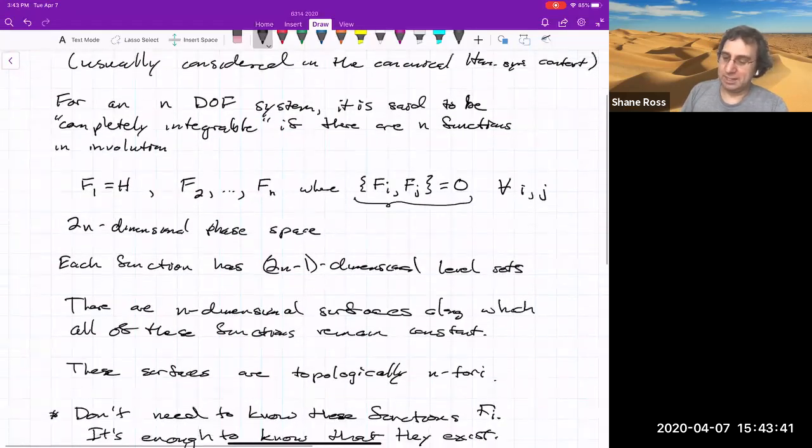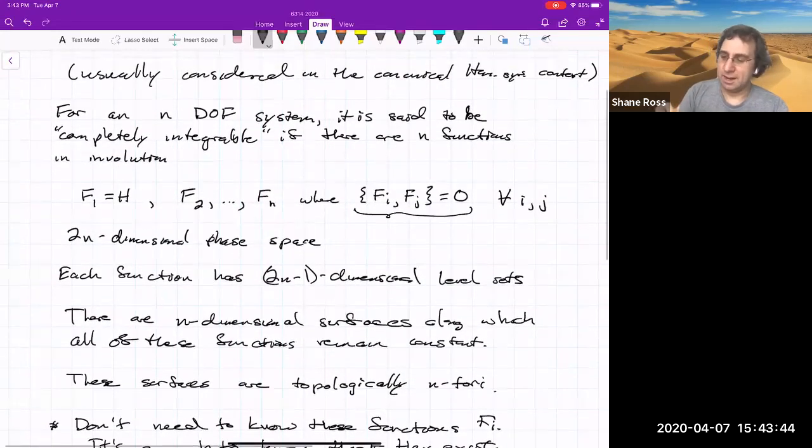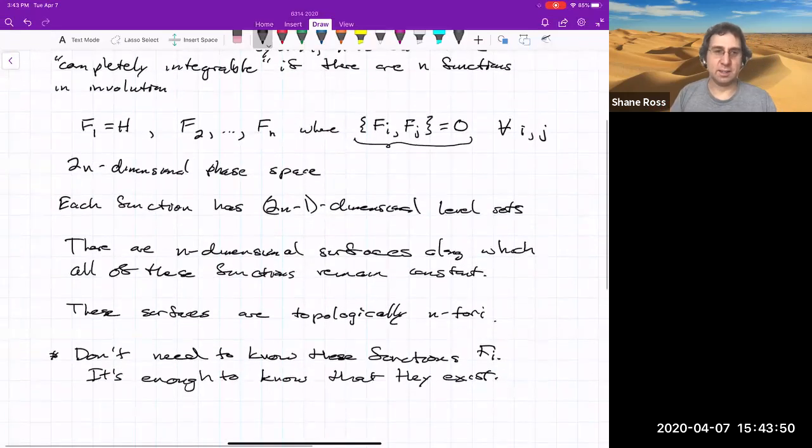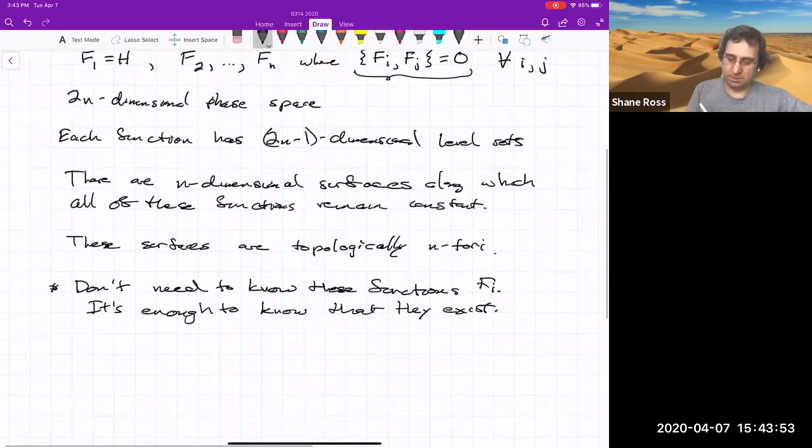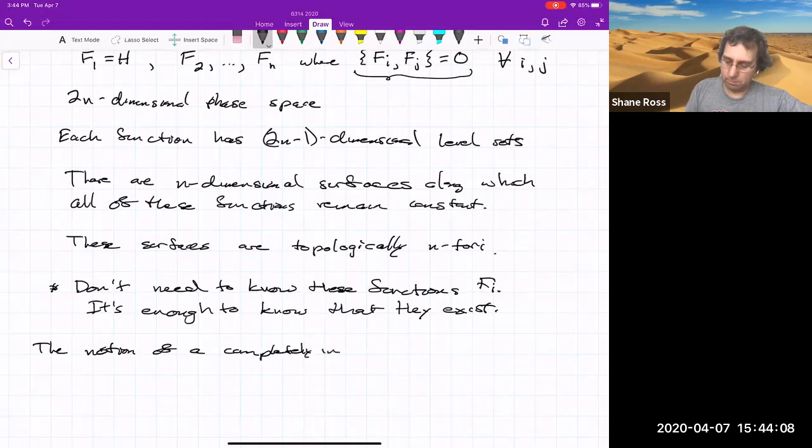You can also have completely integrable systems defined for non-canonical Hamiltonian systems. So here I said this is considered for the canonical Hamiltonian system context, but you could have a non-canonical one. I guess we could say the notion of completely integrable also extends into the non-canonical Hamiltonian setting.